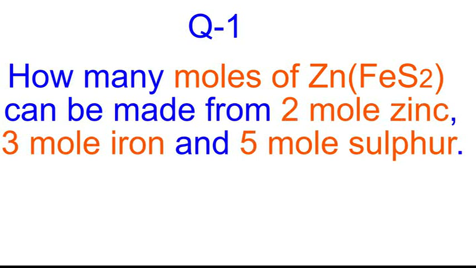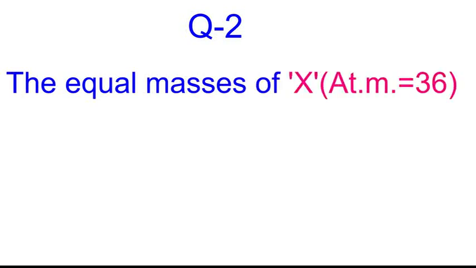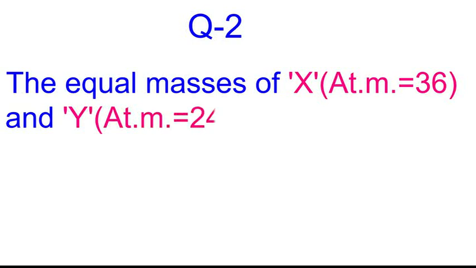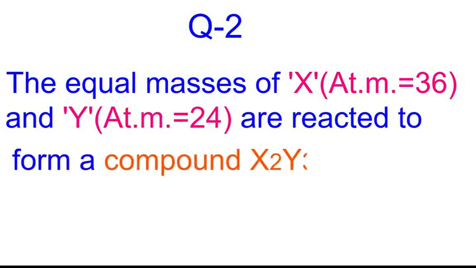You have to find that out. Next, number 2, equal masses of a substance X whose atomic mass is 36 and Y whose atomic mass is 24 react to form a compound X2Y3.